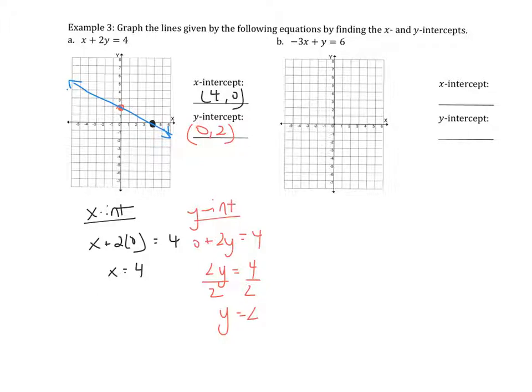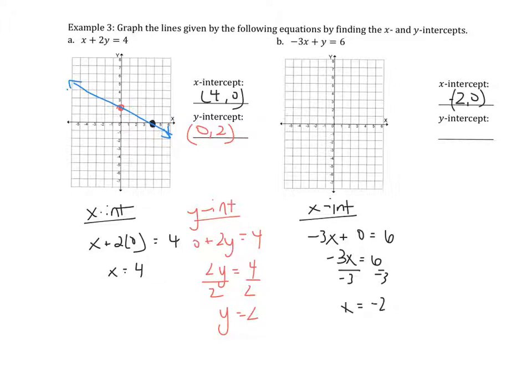Alright, so let's do that again on example 3b. Start by finding our x-intercept by letting y be 0. So that y term disappears. We have to divide both sides by -3, which gives us x equals -2. So that's going to be our x-intercept.